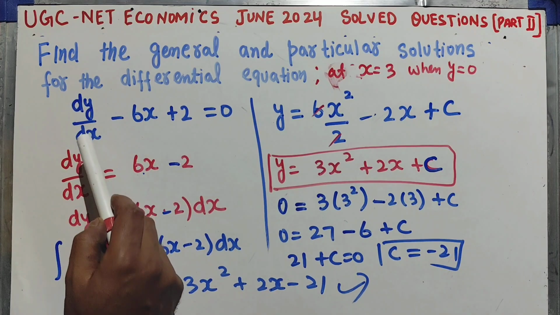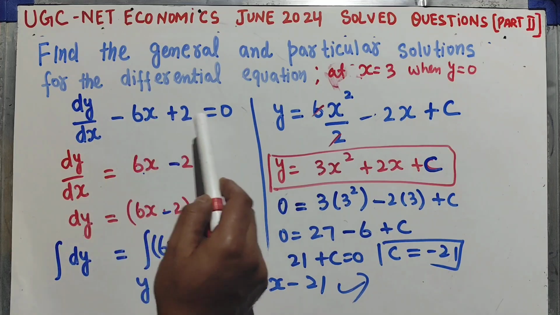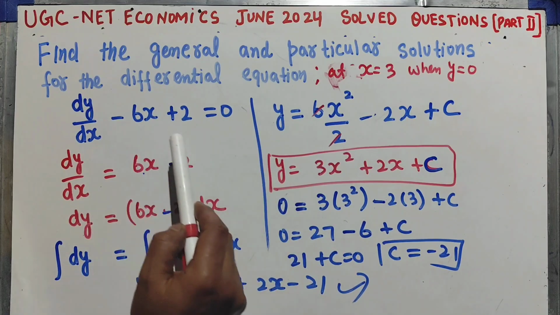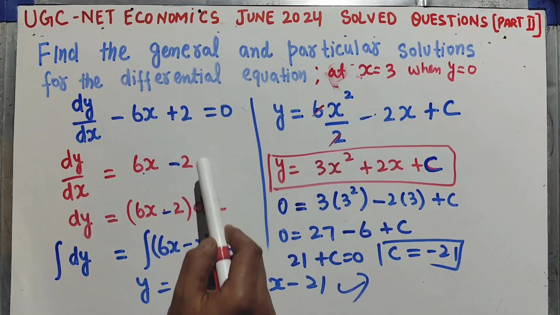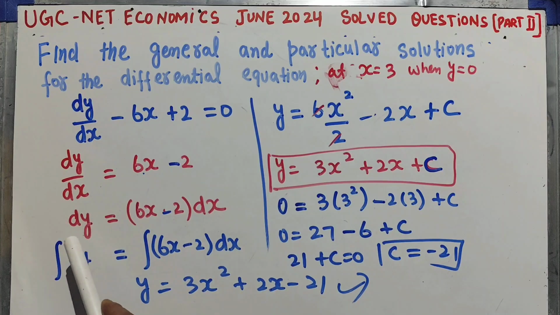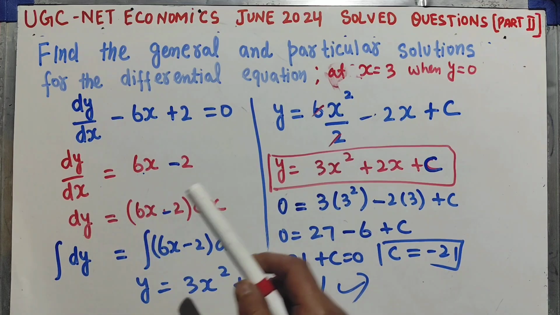So we have dy upon dx. I transposed all these terms to the RHS. Minus x became plus x and plus 2 became minus 2. Then transposing this dy, transposing this dx here, it gets multiplied. So we separate dy's and dx's here. So we take the integral on both sides, solving them.